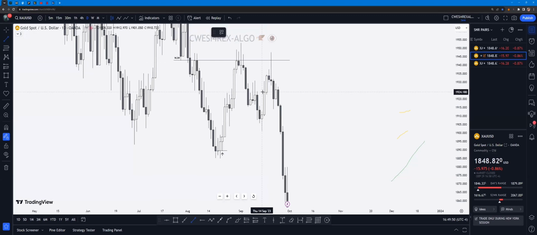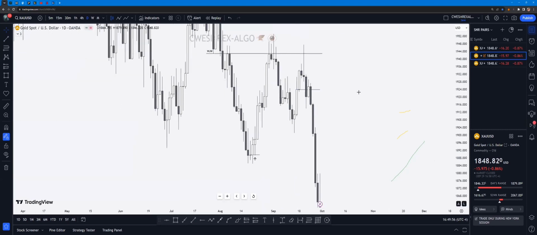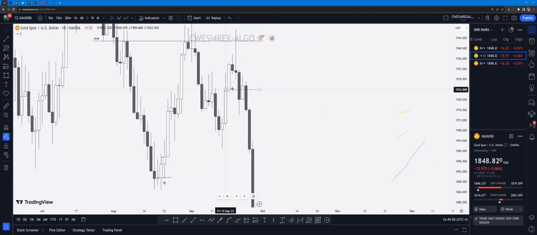This level is the level that you'll be looking at as a breakout. So you can see on the daily we have this breakout over here. As I told you guys, after the breakout you wait for a pullback, then you can make your entry over here. So over here we have our breakout on the daily.